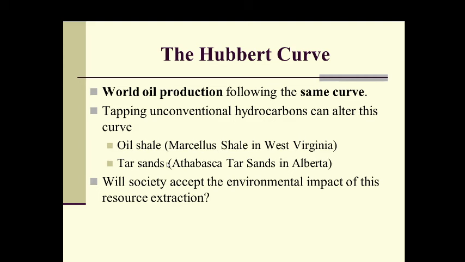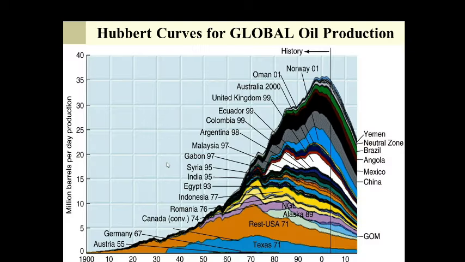For the Marcellus Shale in West Virginia, it involves fracking. Are we going to accept fracking? Here are the Hubbert curves for global oil production. As you can see, most of them have already peaked in the year 2000, if not earlier.